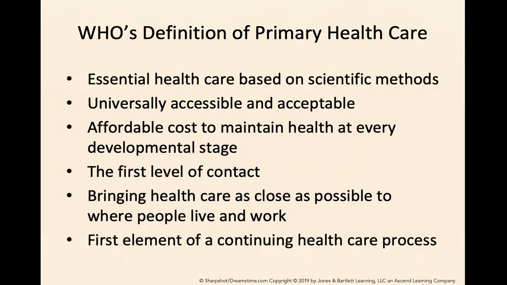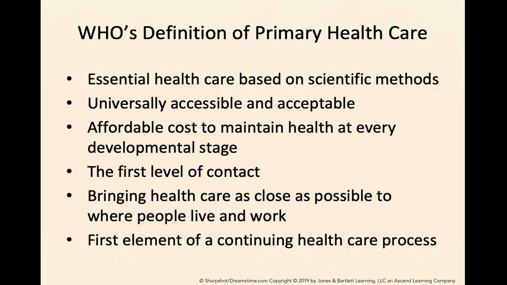Now, the WHO, the World Health Organization, defines primary care in certain specific ways. And according to them, primary care should be essential healthcare based on practical, scientifically sound, and socially acceptable methods and technology. And because it is the first level of contact and first element of a continuing healthcare process between a patient and the healthcare system, it should therefore be universally acceptable and universally accessible.